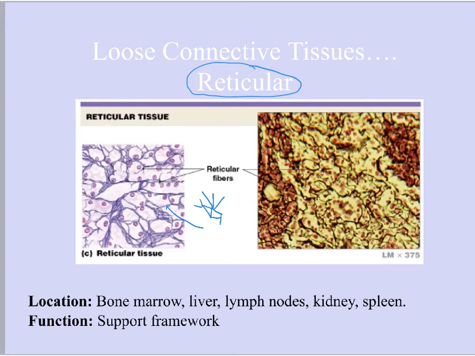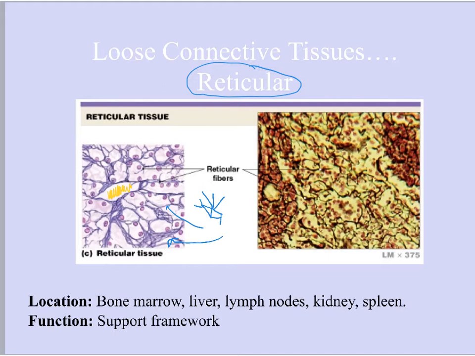I'm not doing a very good job at this drawing, but you can kind of see what I'm attempting to draw over here. So you've got that network, right? So those are going to be the reticular fibers. And then in the background, all of this right here, that light pink area, that's going to be the ground substance. And the cell types will vary because reticular tissue is found in different internal organs, the soft tissue organs.